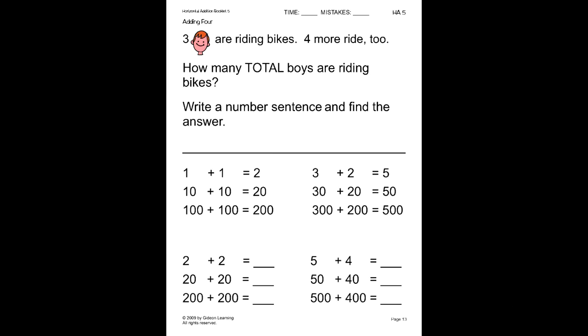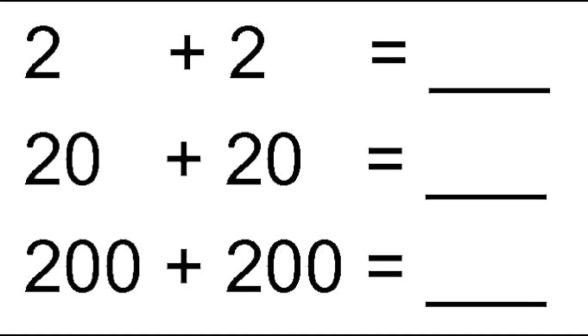We're going to focus on the bottom of the page to look at the addition patterns. When solving addition patterns, we have 2 ways of looking at it. First, we will solve with place value. On this first one, 2 plus 2, or 2 ones plus 2 ones, equals 4 ones. So 2 plus 2 equals 4.